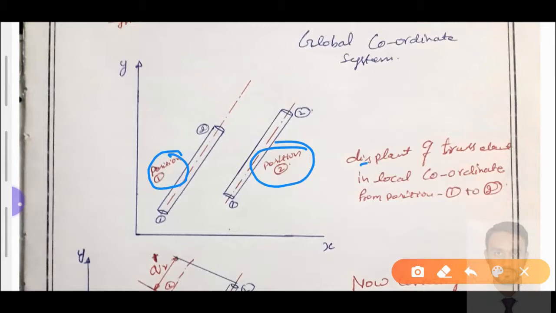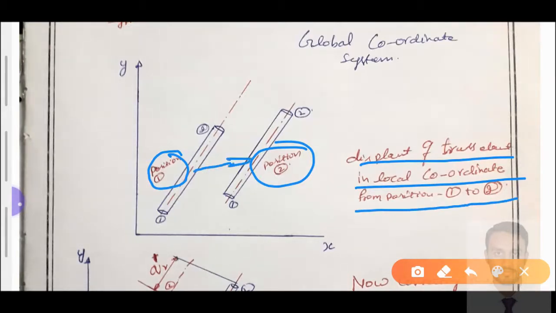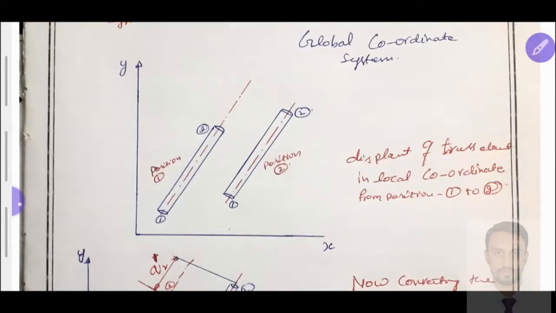position 2. This is the displacement of a truss element in a local coordinate system from position 1 to 2. So it has been displaced from this point to the next point. This is the initial position and this is the final position of the element.